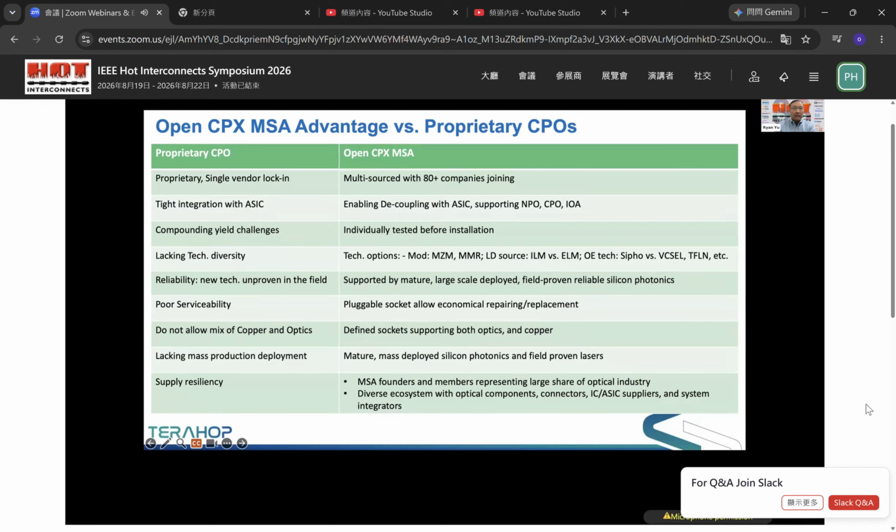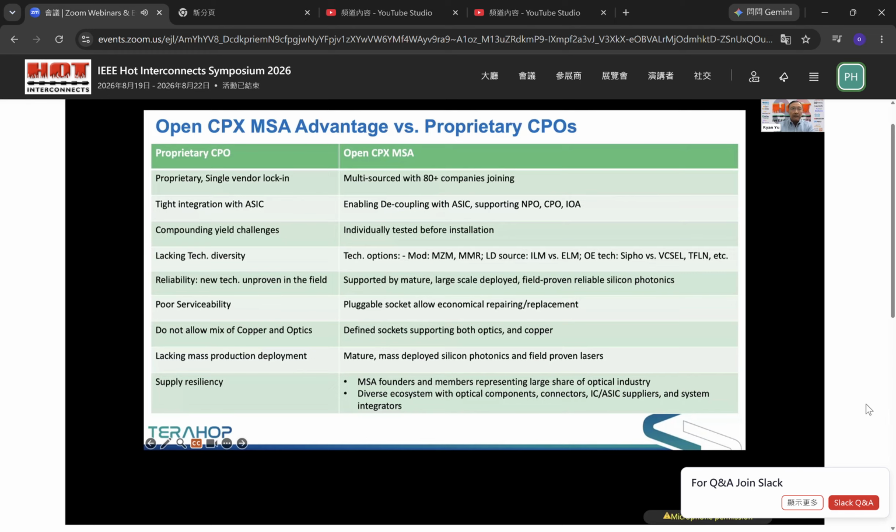And because of the socket, we define the socket to support both optics and copper. I'll elaborate a little bit more there. This again allows flexible deployment for different scenarios. And then mass production deployability. Like we discussed earlier, because you open up the socket, you can put in different silicon photonics with field-proven lasers and packaging, etc. That allows the maturity that has been largely deployed in a pluggable form factor to continue, or be leveraged, now in the NPO and CPO environment.